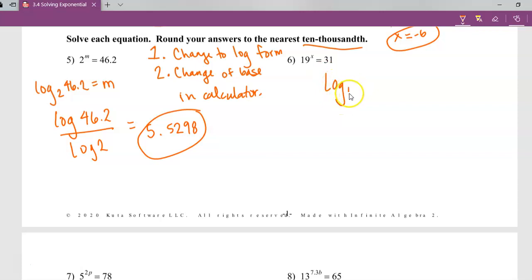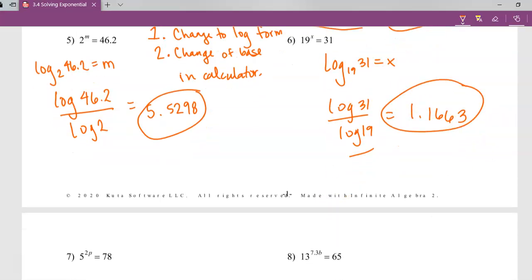So log base 19 of 31 equals x. And then we're going to put this in our calculator using our change of base. So log 31 divided by log 19. And we're going to keep 4 decimal places, 1.1663, where I round the fourth one up to 3.